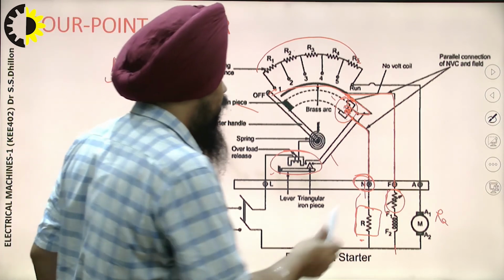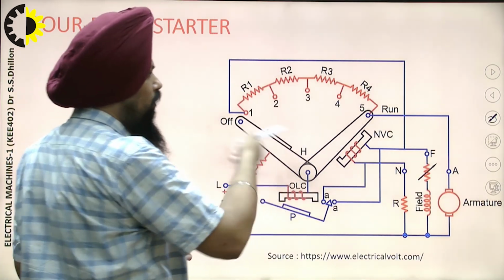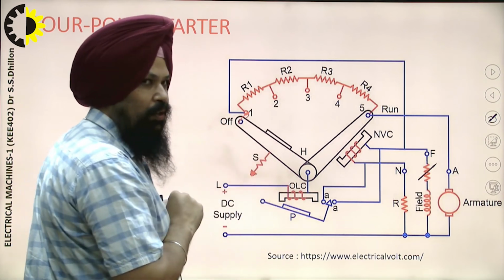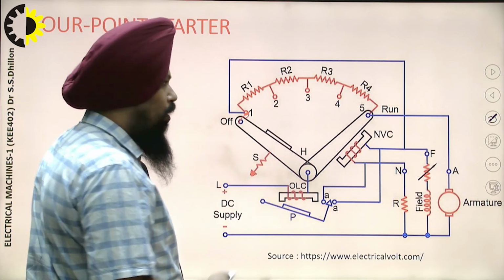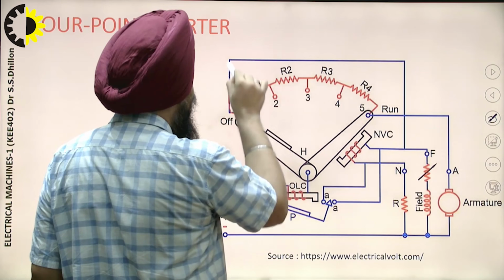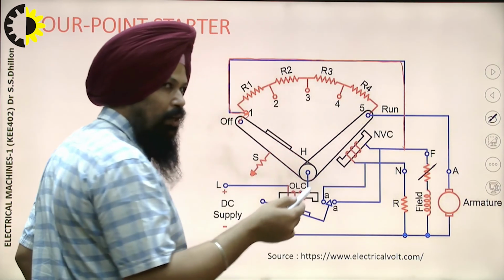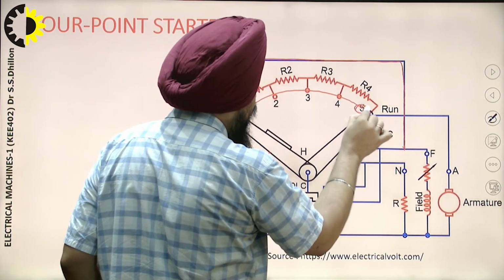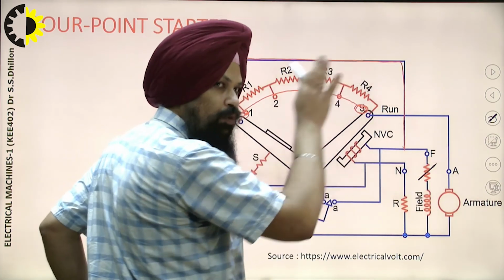So this is all about the working of the 4-point starter, and this is another connection as we discussed earlier. When we have the switch on position on the stud, this is another configuration of the 4-point starter, but a little bit different from the previous one. Now this connection is there as in the 3-point starter. When we move towards the fifth point, we cut down the resistance from the armature and the motor runs at full speed.